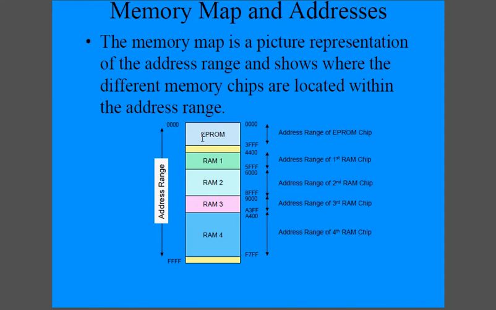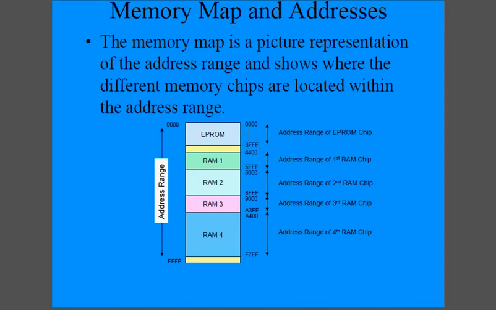For example, here EEPROM. EEPROM is a type of ROM, read-only memory. This is one single chip, EEPROM. If you want to connect EEPROM, you can assign the address of EEPROM from 000 to 3FFF.